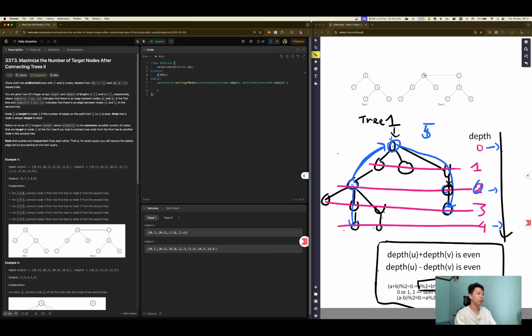You can turn the pair, the parent. Let's count the depth here: depth plus one, right?